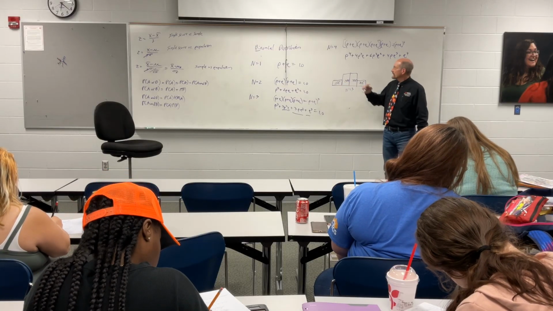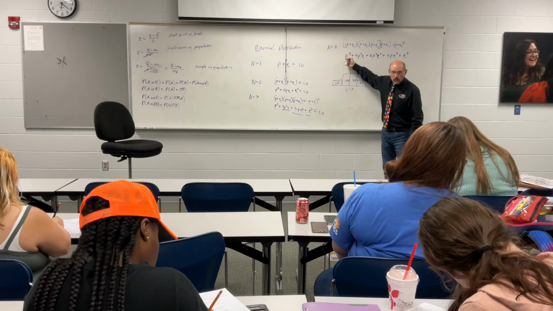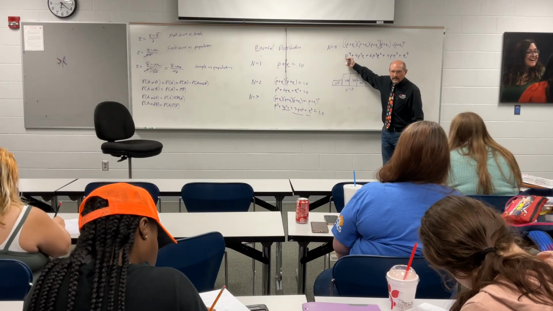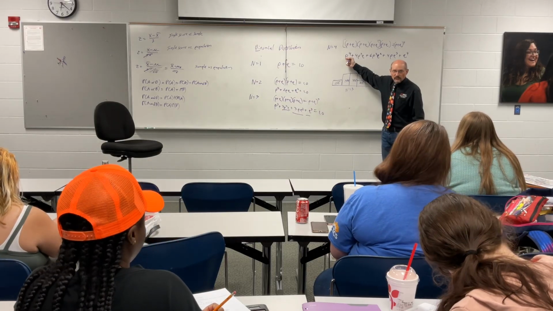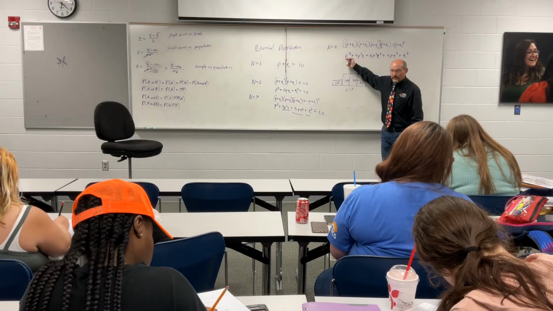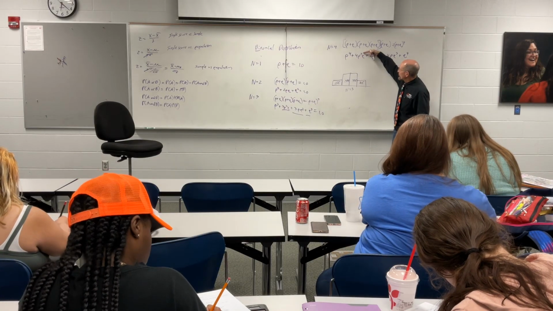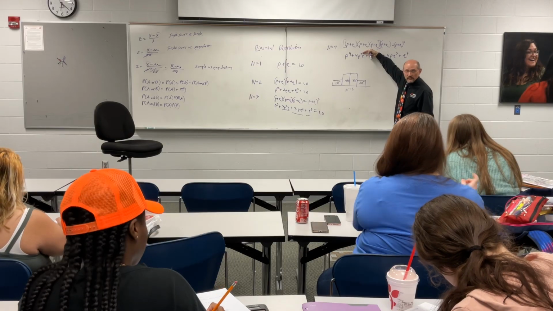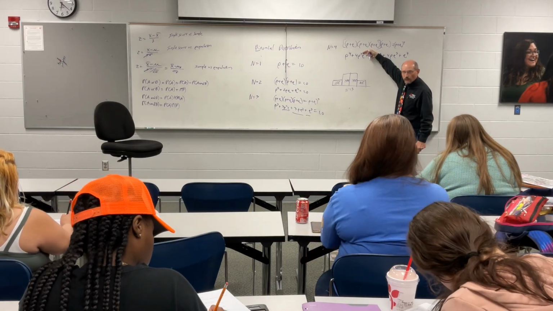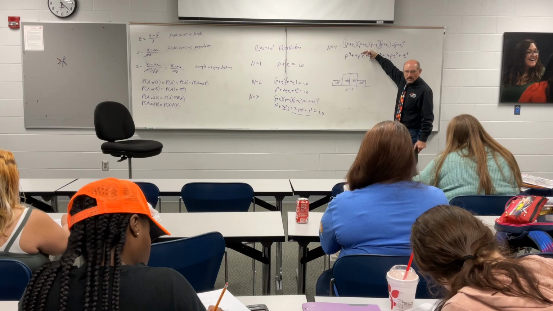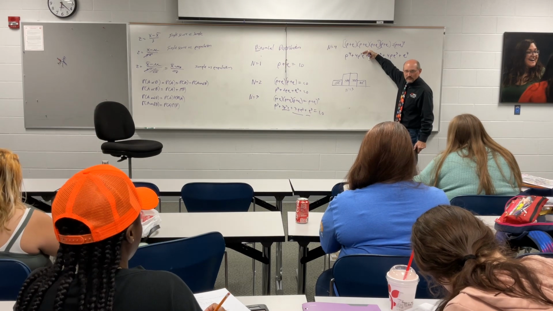If I have 4 heads in a row, how many tails did I get? 0. On the other hand, if I have 3 heads, notice the exponent here. The exponent represents the number of times this thing occurs in 4 trials. If I have 3 heads, how many tails? 1.